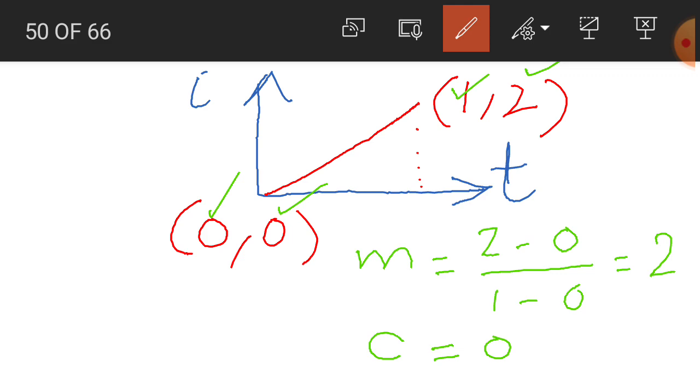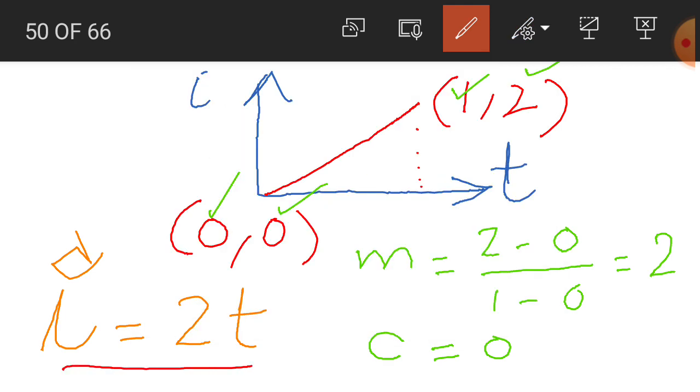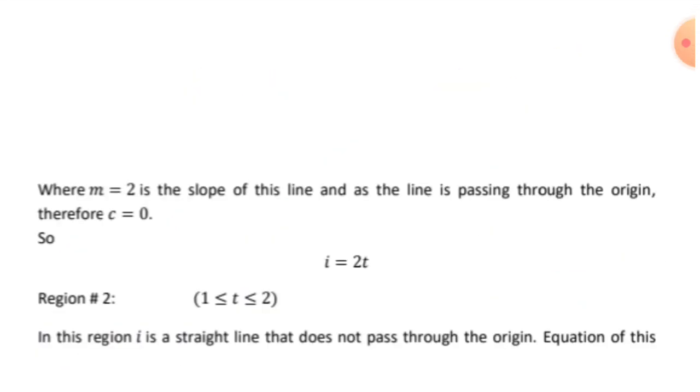And definitely the equation for the current in region number 1 will be equal to 2t. This is the instantaneous equation for the current in region number 1. This is how we calculate the current in region number 1.